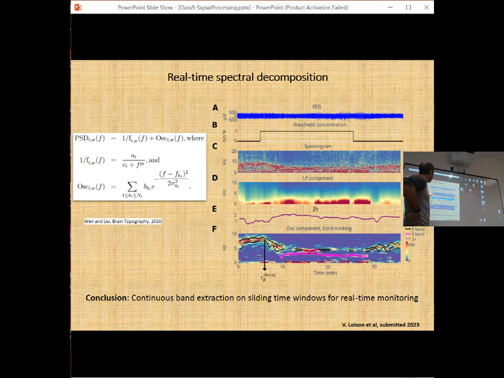You have the EEG, time 0, no concentration, the mice is awake. This is when you start the concentration of anesthesia, and then when you stop. That's the spectrogram associated to this. So you see a general trend that when you start the anesthesia, the power between alpha and theta goes down. This was captured by this curve, and so how do you create this curve?